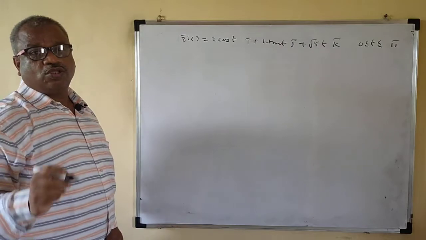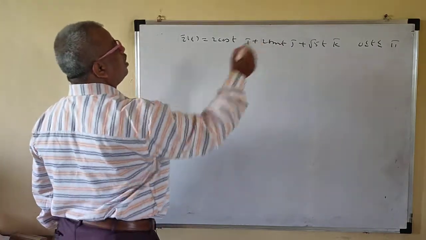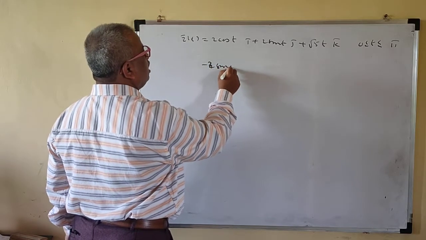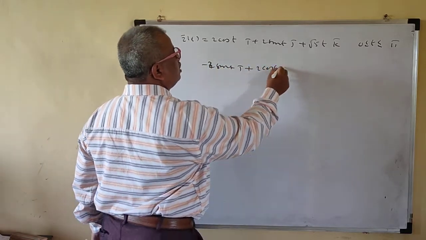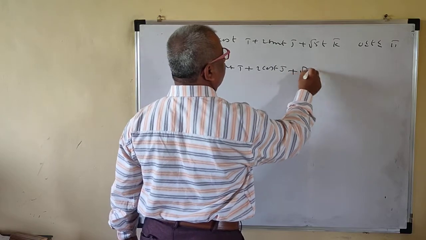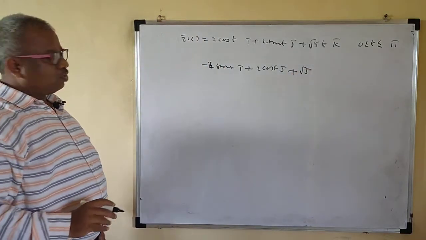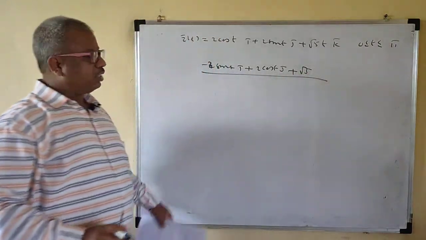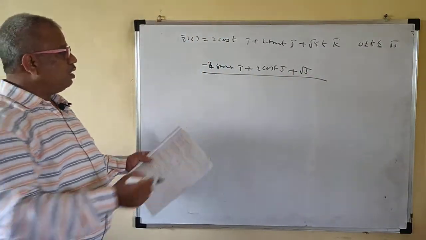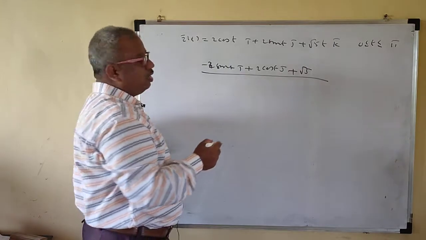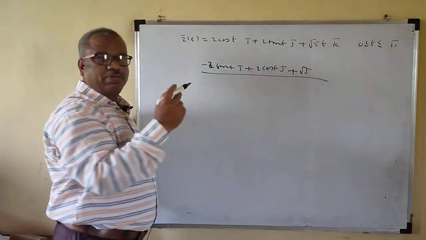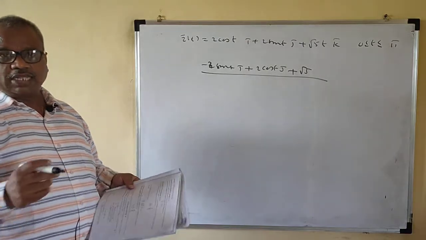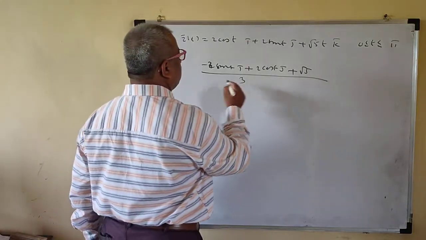Now you go on to the unit tangent vector. The unit tangent vector is what? Differentiate this one: minus 2 sin t i bar plus 2 cos t j bar plus root 5. So now for the unit tangent vector, you have to divide by its norm. Then take the sum of the squares of this one: 4 sin square plus 4 cos square plus 5, so that is again 9, and root 9 is nothing but 3.